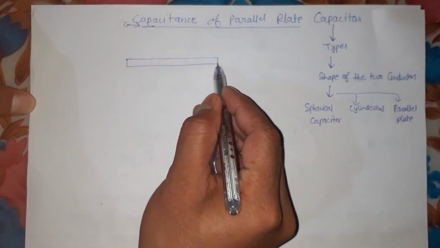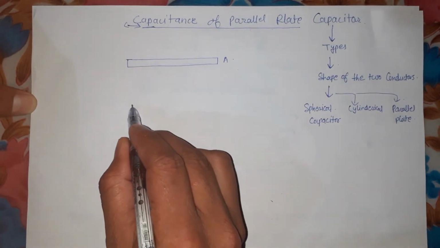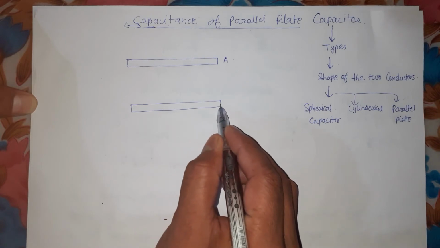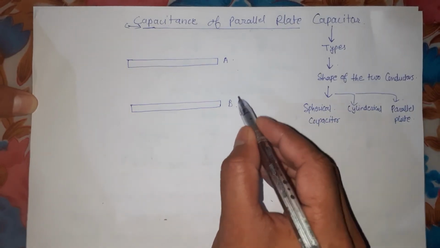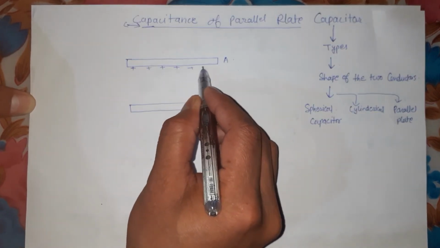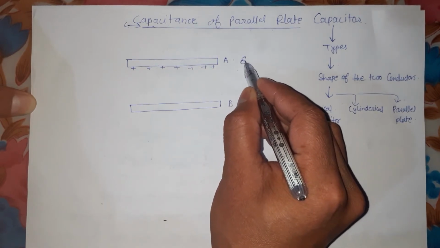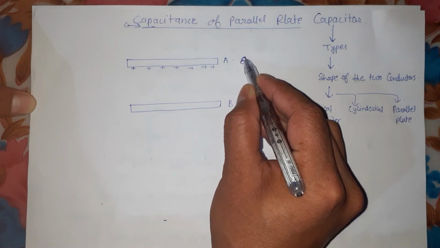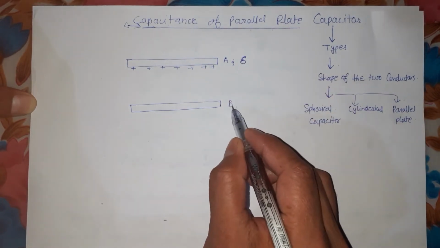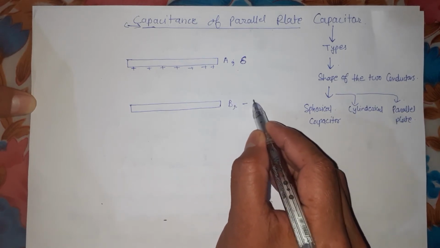Here it is one of the plates, and this plate is A, while there is another plate over here, which is B. So I suppose these are the two conductors. One has a positive surface charge density, which is sigma, and this B has its surface charge density as minus sigma.